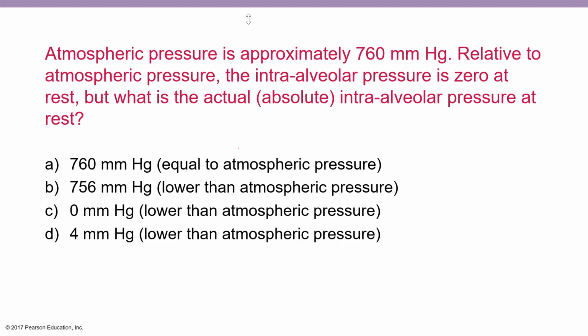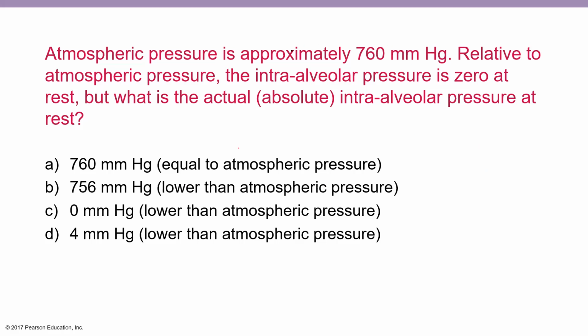Okay. So a lot of response for A: atmospheric pressure is approximately 760 millimeters of mercury. Relative to atmospheric pressure, the intra-alveolar pressure is 0 at rest, but what is the actual absolute intra-alveolar pressure at rest? Again, this question brings up that conversation of relative versus absolute pressures. The correct answer is A, 760 millimeters of mercury.